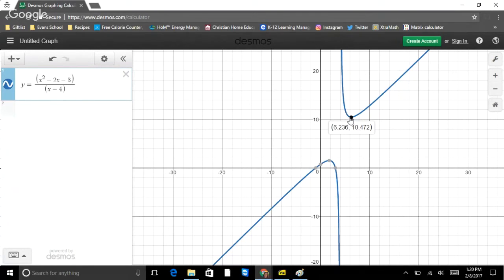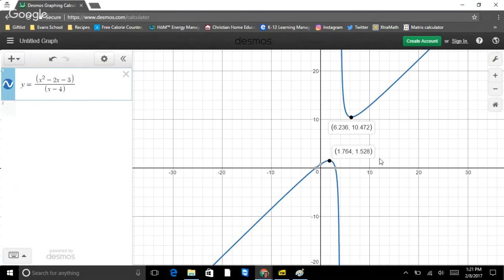Looks like my y bottoms out at 10.474, right? And then over here, it tops off at 1.128.